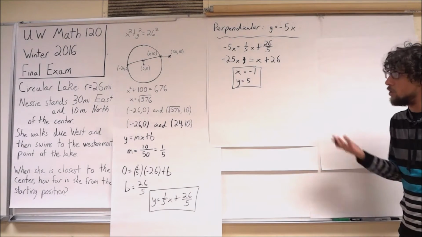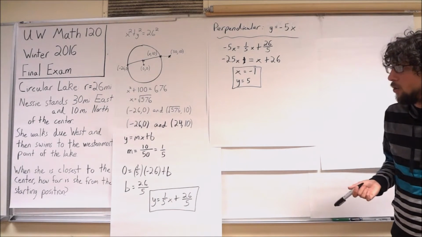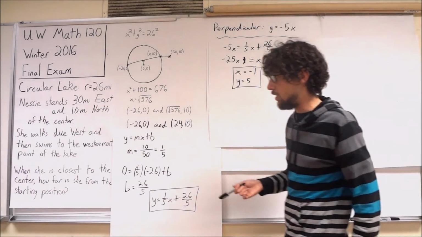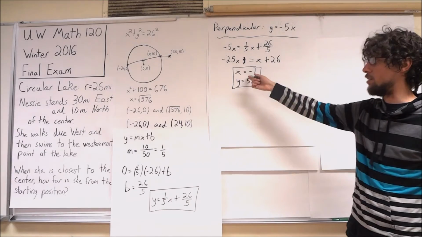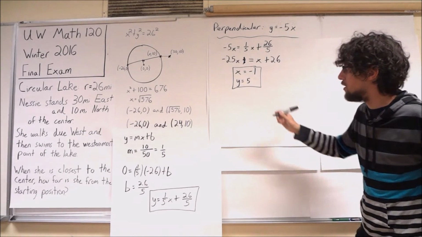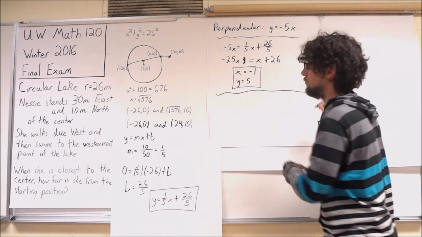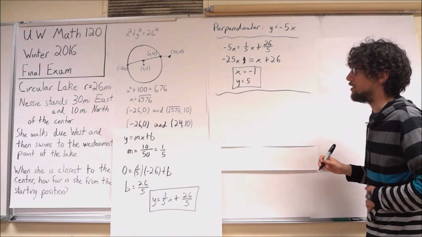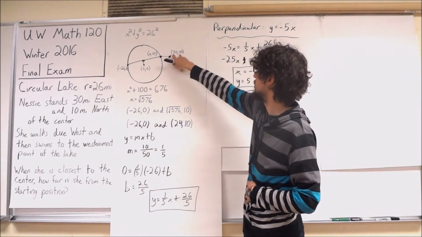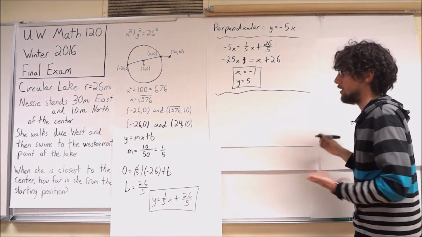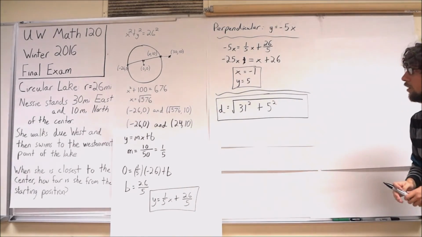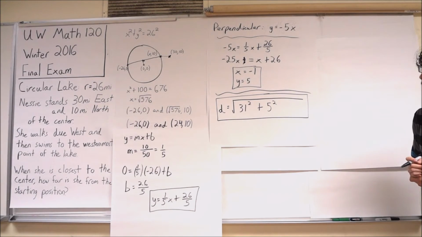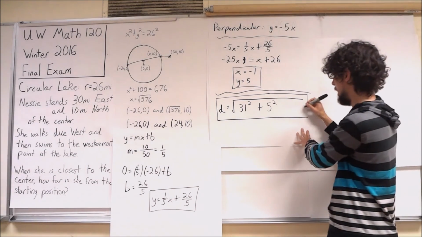It is. So the question simply asks us how far she is from her starting position when she is at this point. So this is quite simple. The distance between her starting position and this position is simply... So here we have our solution, and this is in miles.